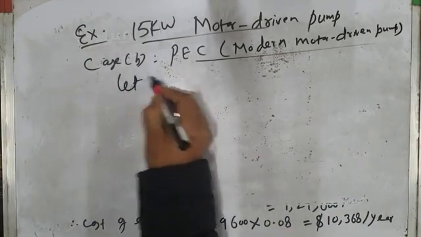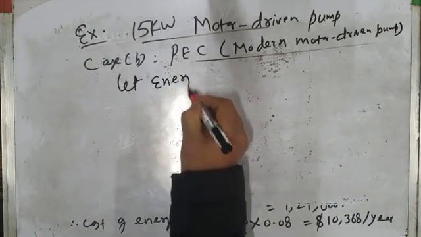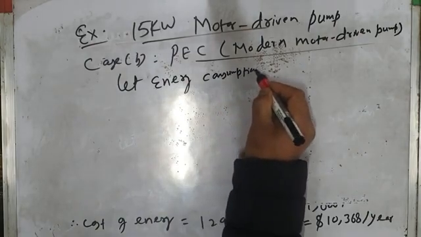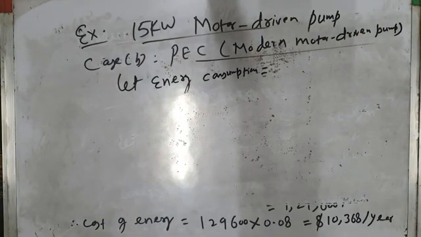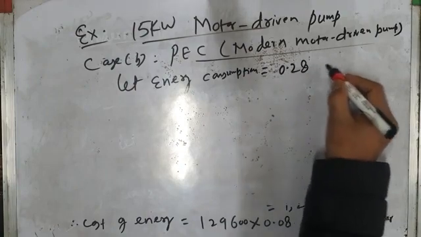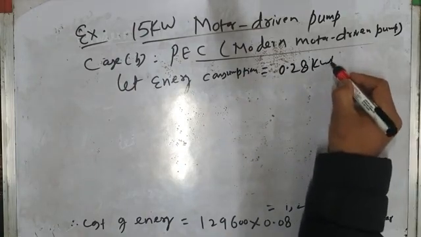Let energy consumption be reduced from 0.36 kilowatt hour to, let's say, 0.28 kilowatt hour per cubic meter.